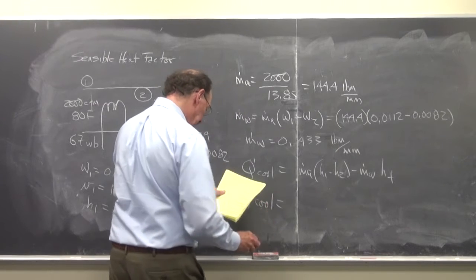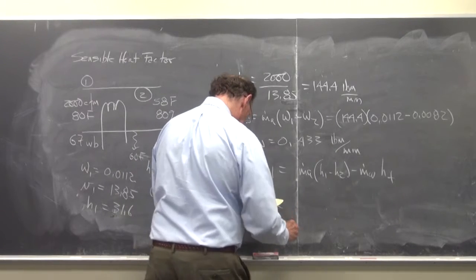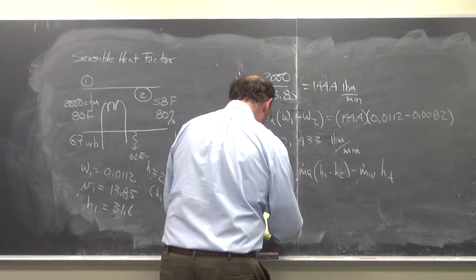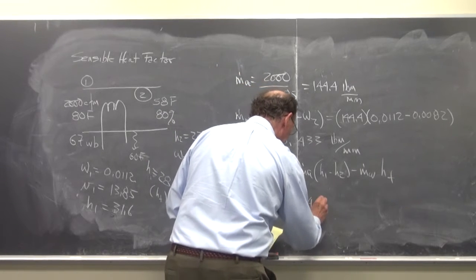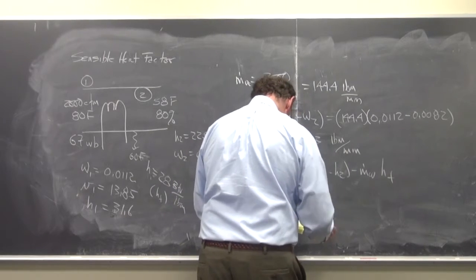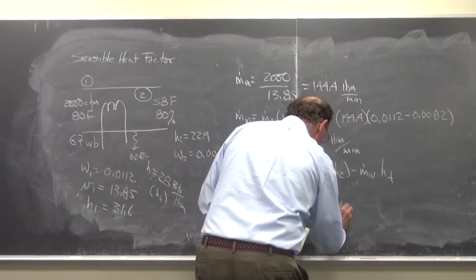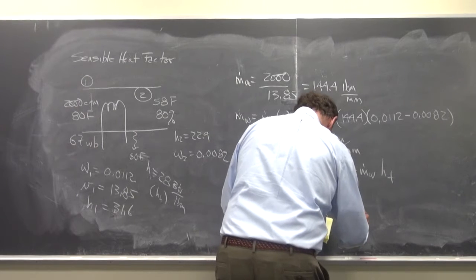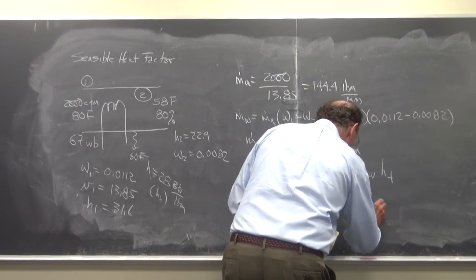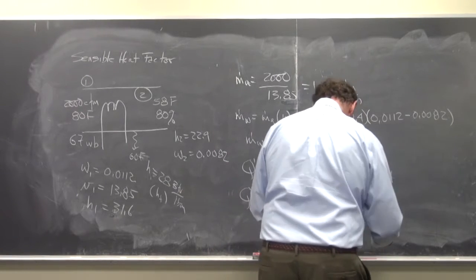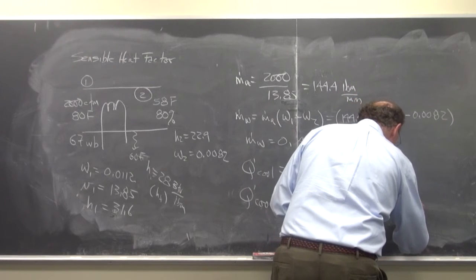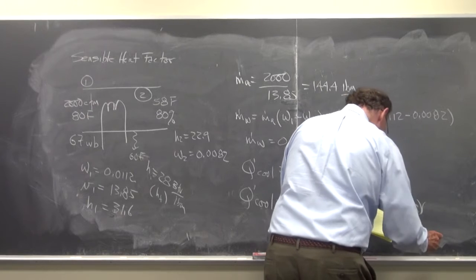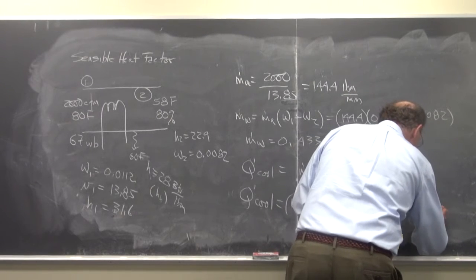So W dot cool is equal to 144.4 times H1, 31.6 minus 22.9, minus 0.433 times H sub f, 28.